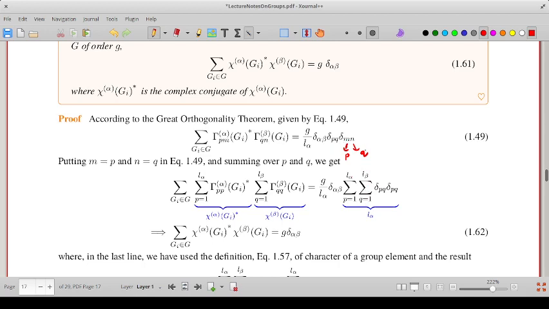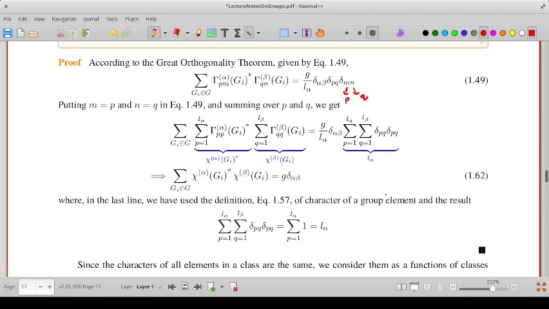Now with M equal to P and N equal to Q, this factor also becomes delta PQ. Now this is the sum over Q of gamma beta QQ of Gi, which is nothing but the character of Gi in the irreducible representation gamma beta, which we denote as chi beta Gi. So beta represents the fact that it is a character in the irreducible representation gamma beta, and Gi because it's the character of Gi in that representation.